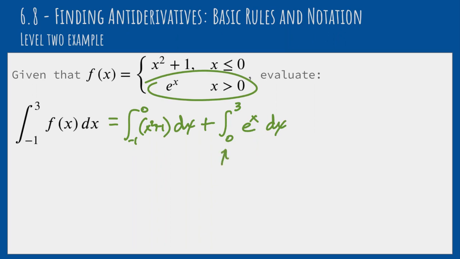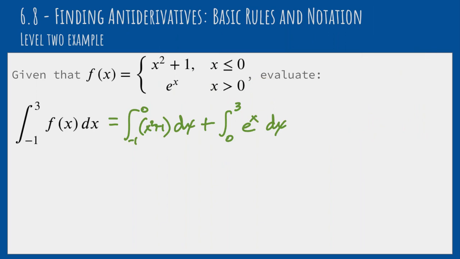Because if we're talking about area, the area under the e to the x function, which looks like this from 0 to 3, it doesn't matter if this point is included or not, this area is going to be the same. So we can split up an integral with a piecewise function at the boundary for the piecewise function, and then evaluate them independently.